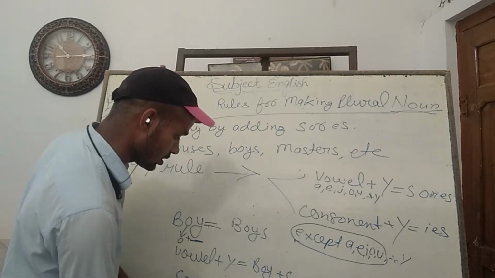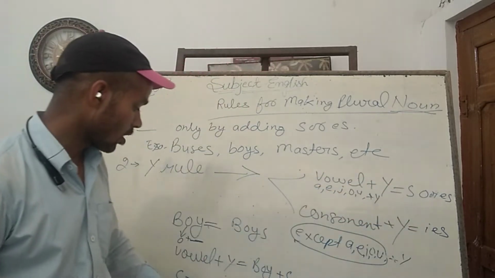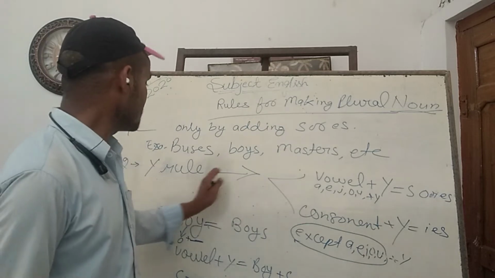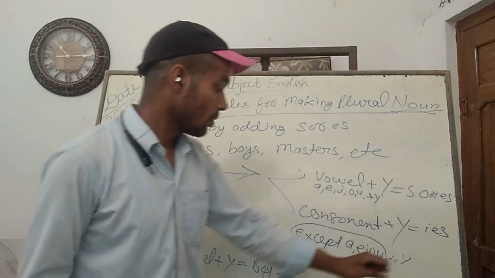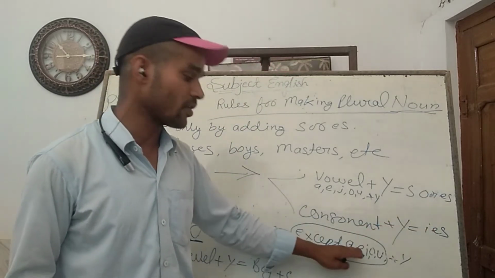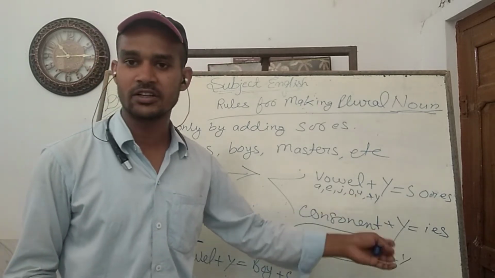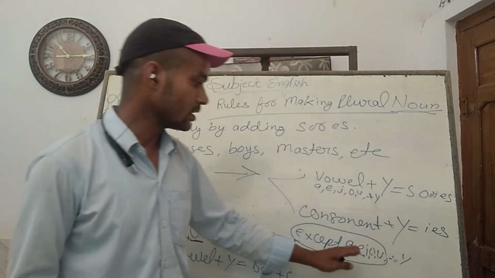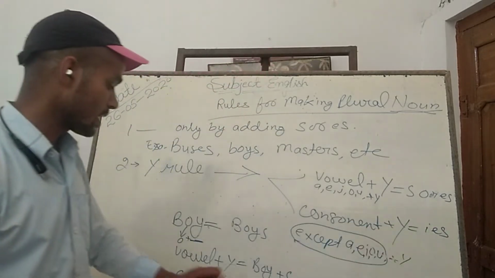So here you can see how these words are formed. If y is preceded by a vowel, then s or es is added. But if y is preceded by a consonant, meaning a vowel is not present before the y but a consonant is, then y changes to ies, as in cries.